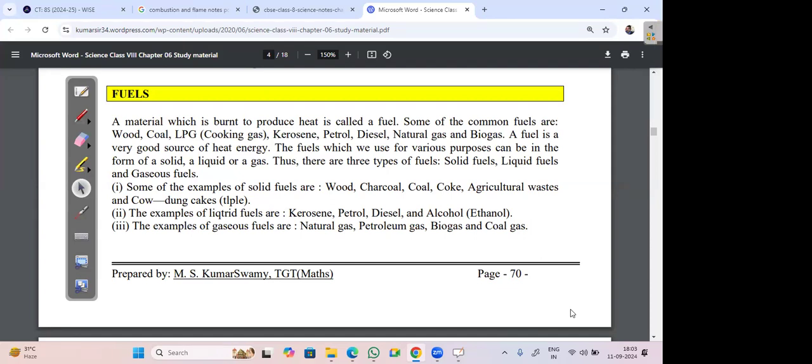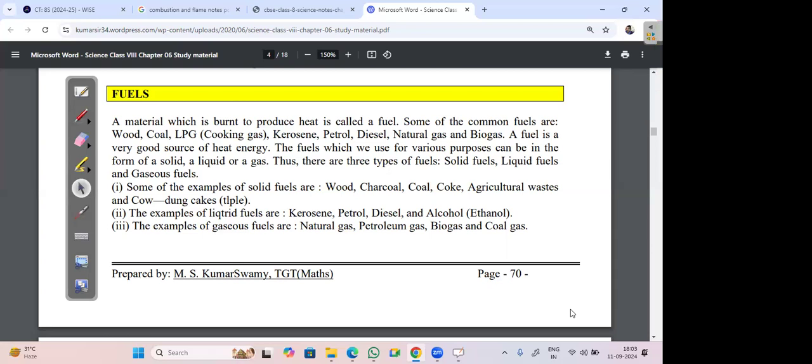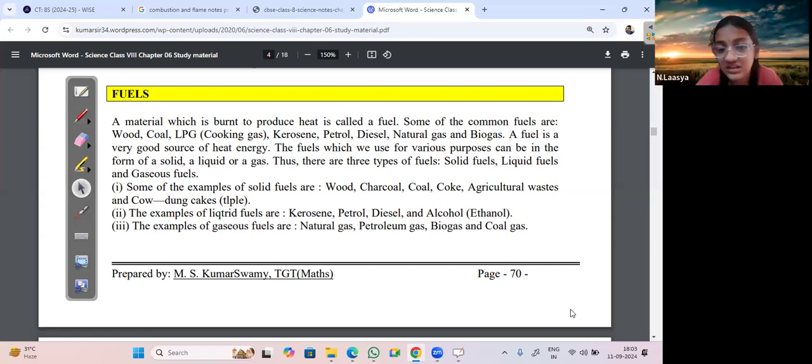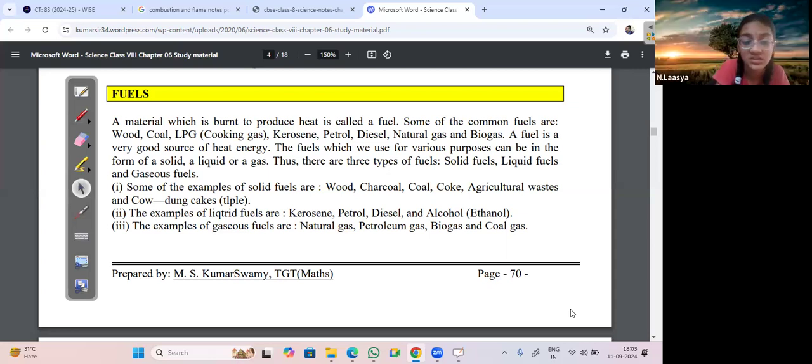CNG, PNG, CNG, LPG. So does hydrogen gas come under this? Hydrogen gas, natural gas. Sir, natural gas, LPG, CNG.